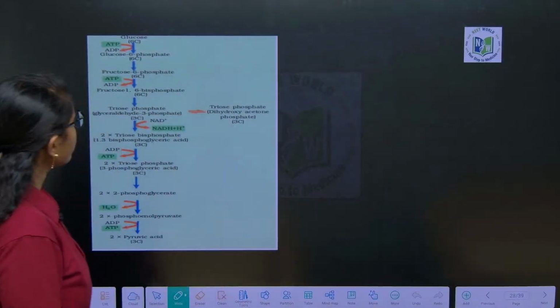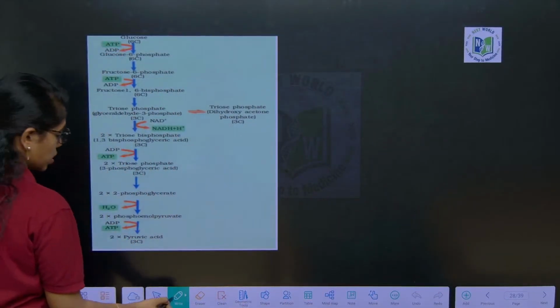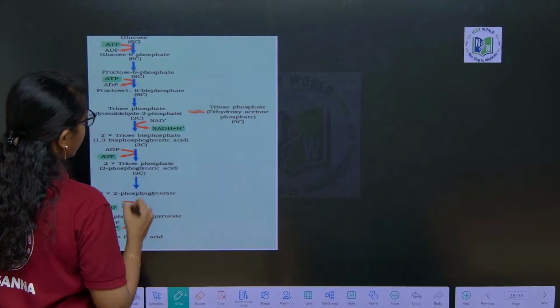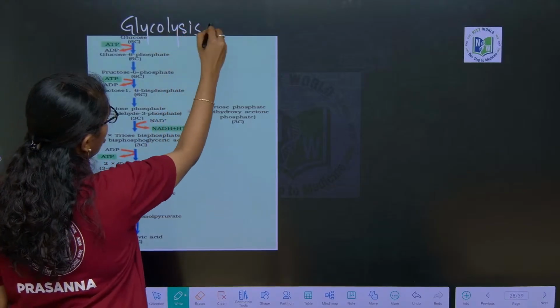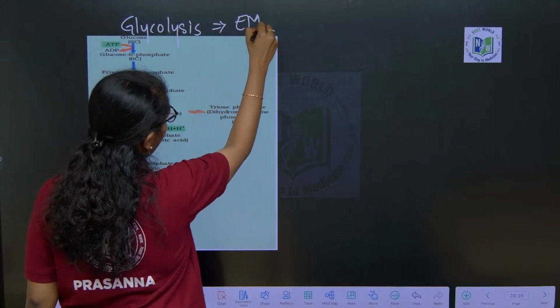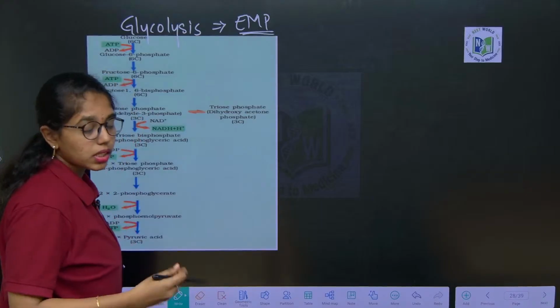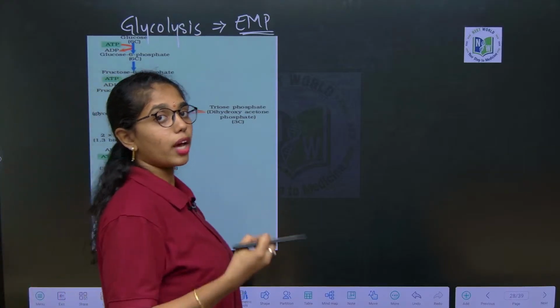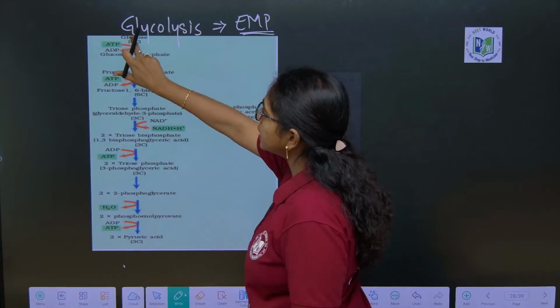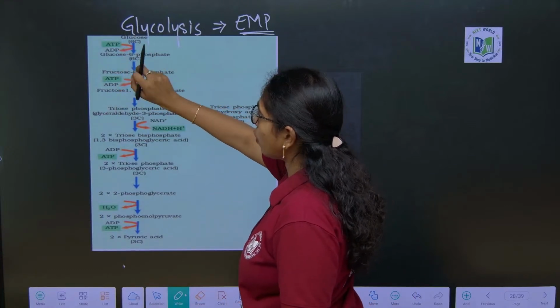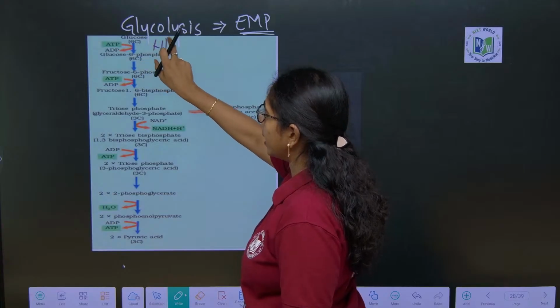Now, if we look into the glycolysis process. Glycolysis is also called the EMP pathway, named after the scientists Emden, Meyerhof and Parnas. Here, the first step is glucose to glucose 6-phosphate by hexokinase.